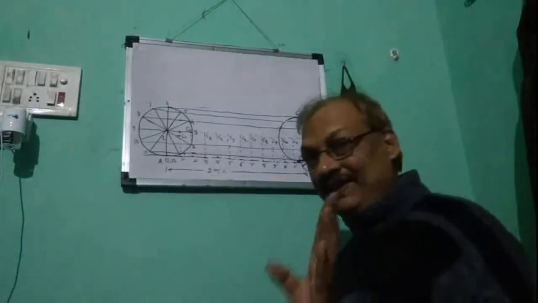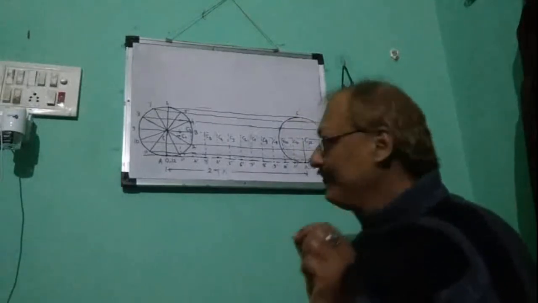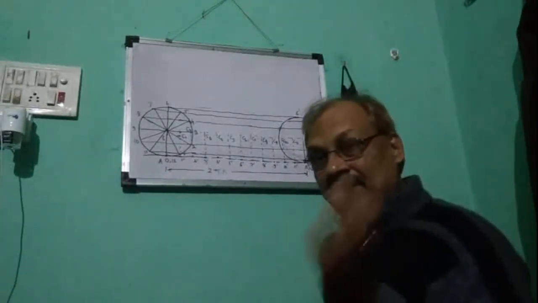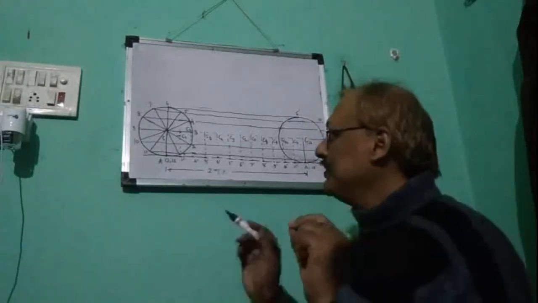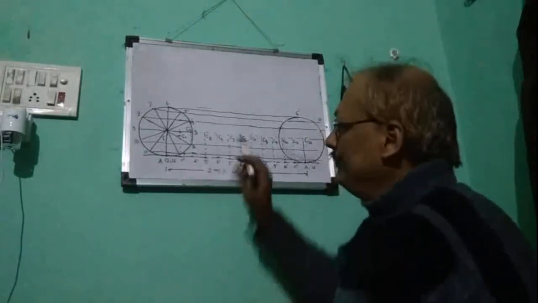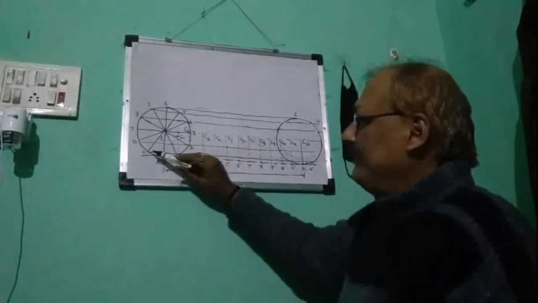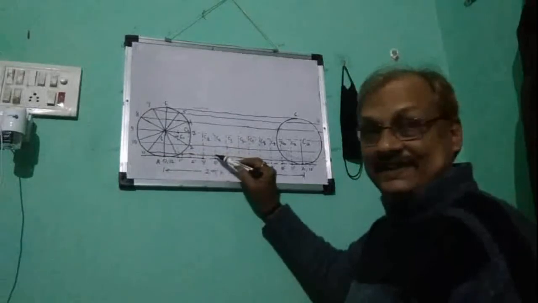And so the distance of A will always be from its center how much? R, equal to the radius of the circle. So this is the new center, and A will fall on this line.